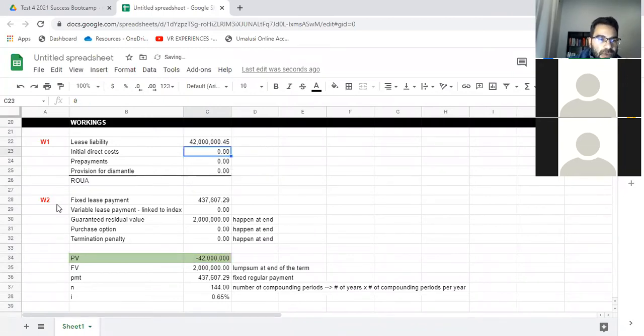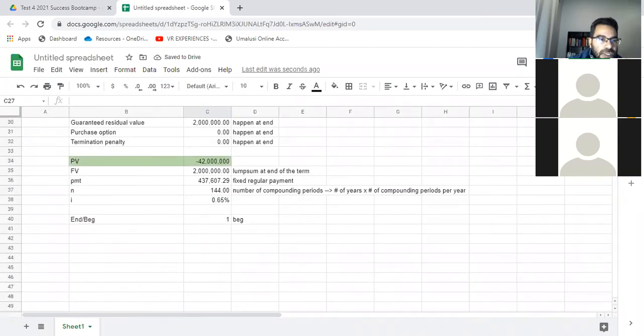And this is going to be working 2. Now, this guy already recorded something, so we need to do the difference. So working 3, should have, current. So this will be the correction.